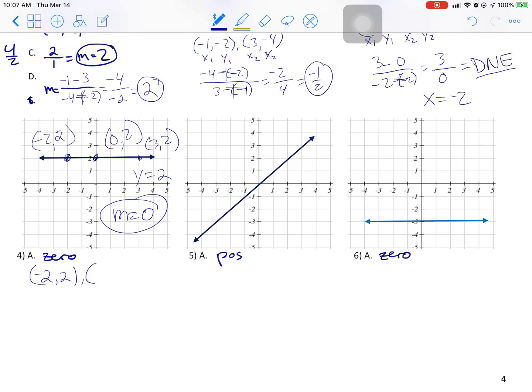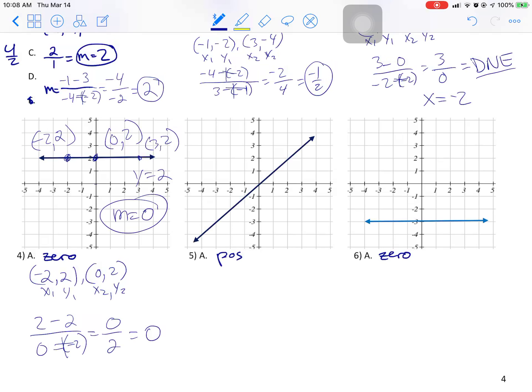Writing down x1, y1, x2, y2: 2 minus 2 over 0 minus a minus 2, which is a positive 2. So 0 over 2 is 0 for your slope.